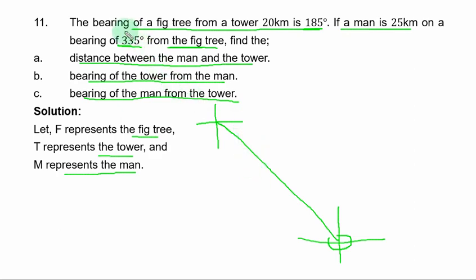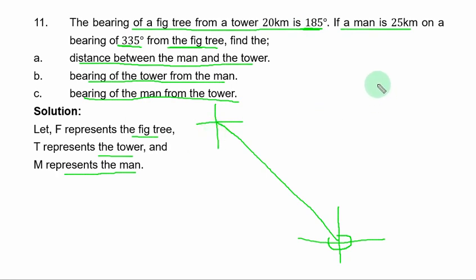Let's come here. The bearing of a fig tree from a tower is 185 degrees. That is the third quadrant. The tower is connected to the fig tree. For us to have the third quadrant, that is somewhere here now, this is the third quadrant in clockwise direction.